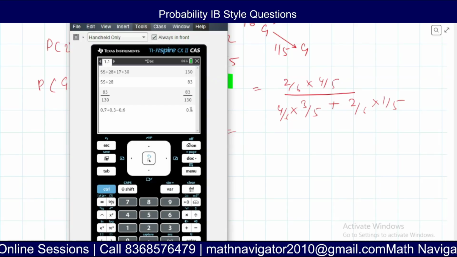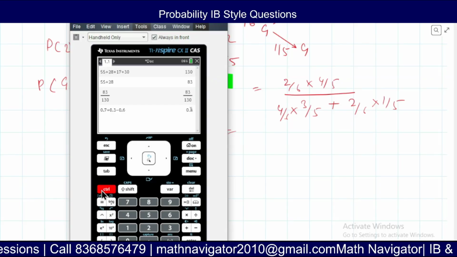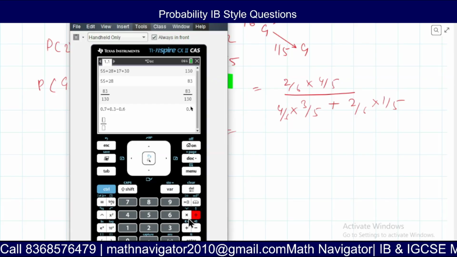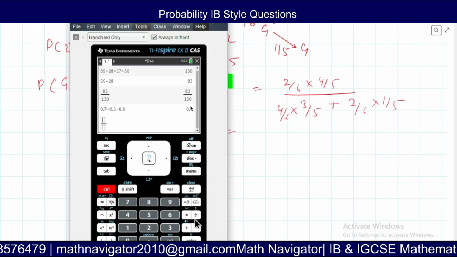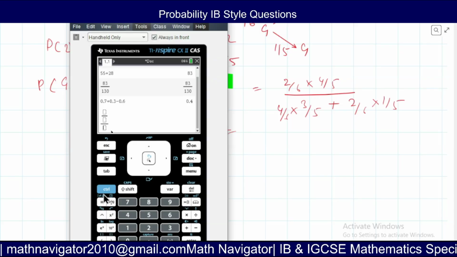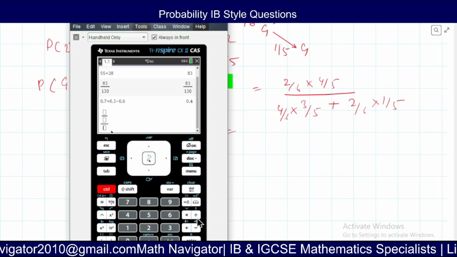So I'll press control and hit this, and again control and hit this, and then below also control and hit this.